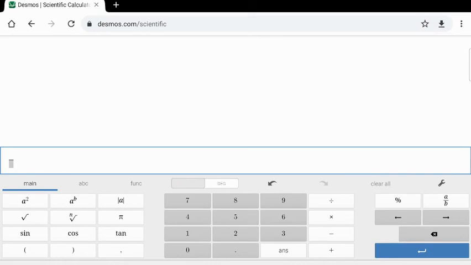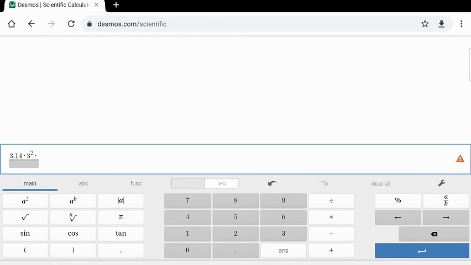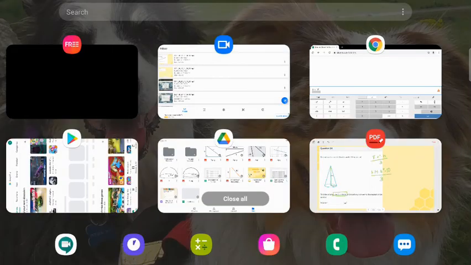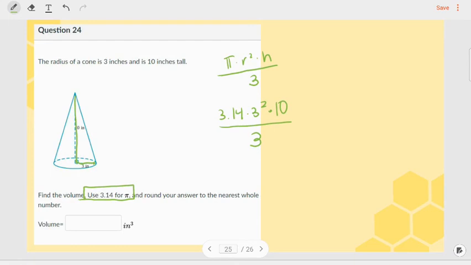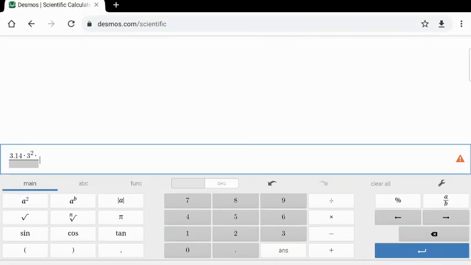Click the fraction button on the right hand side first. 3.14 times 3 squared times my height. Oh no, I forgot what that was. 10. All divided by 3. Click enter. And I get 94.2.